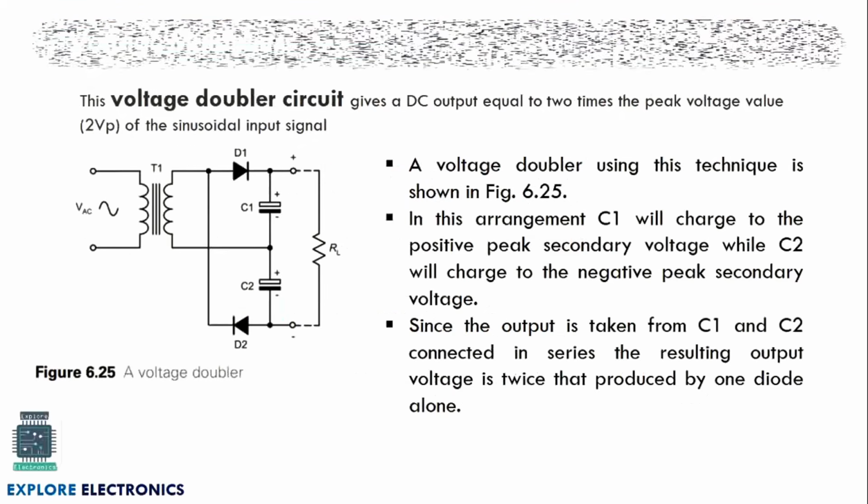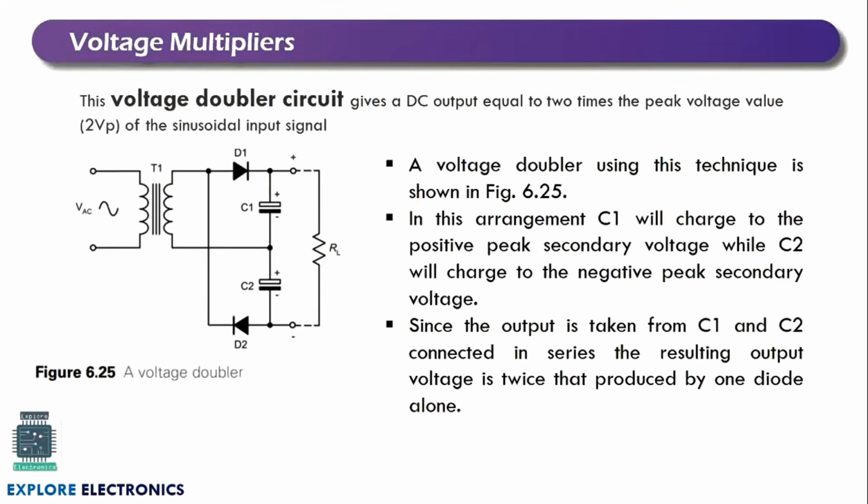Then we will be having voltage multipliers. These voltage multipliers are very important to double the voltage or to triple the voltage. Here we are going to discuss the voltage doubler circuit, and next we will be discussing the voltage tripler circuit also.